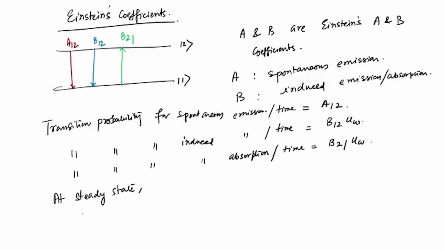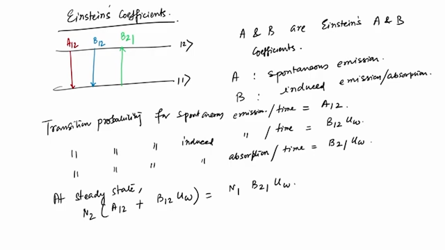So, at steady state, N2, the occupancy of atoms in state 2, multiplied by A12 plus B12 u omega, where u omega is the energy density of radiation, is equal to N1 B21 u omega.